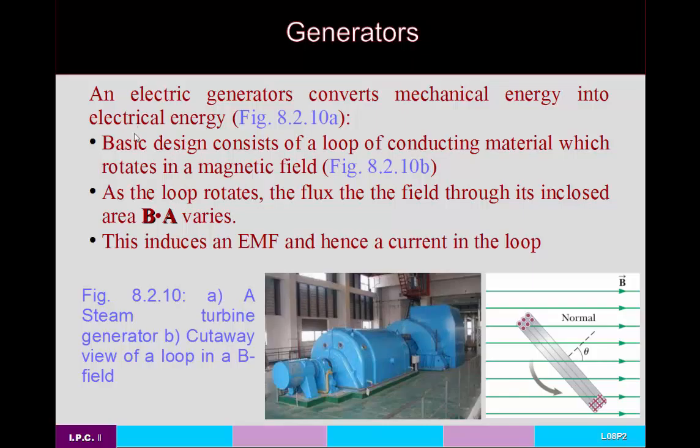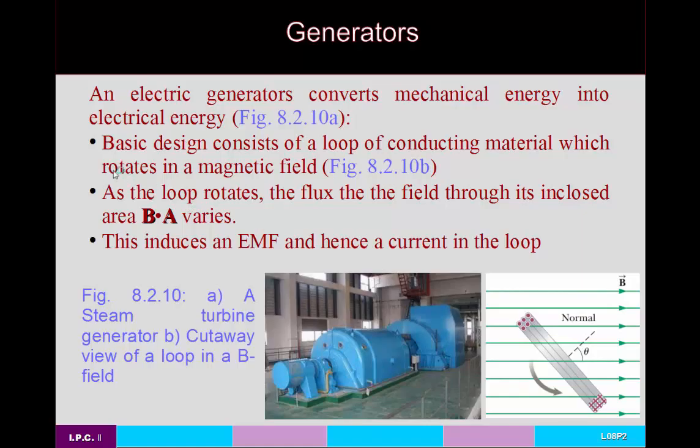What it consists of is a loop of conducting material which rotates in a magnetic field. So here's what a generator might look like. Here's the essential thing in a generator. It is a loop, or maybe a loop of several turns, that is placed within a magnetic field.